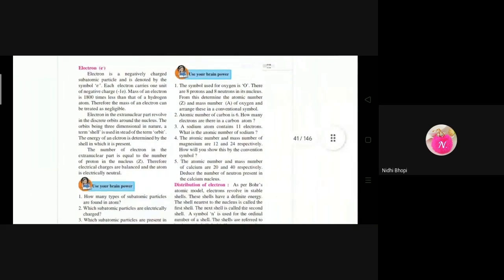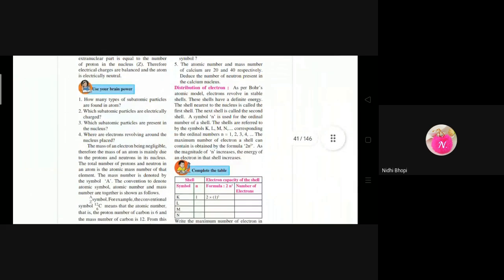When total positive charge on a nucleus is expressed in a unit e, its magnitude is equal to the number of protons in a nucleus. The mass of one proton is approximately 1 Dalton. 1 Dalton is equal to 1.66 into 10 raised to minus 27 gram. The mass of one hydrogen atom is also approximately 1 Dalton.